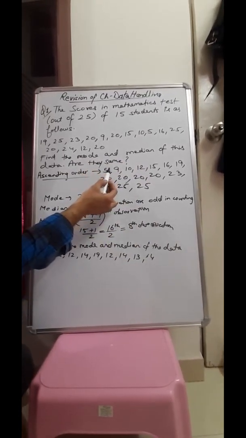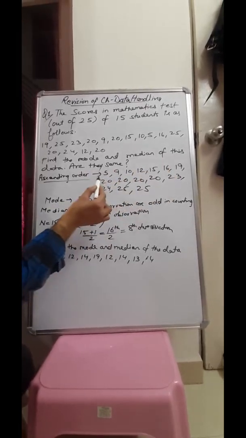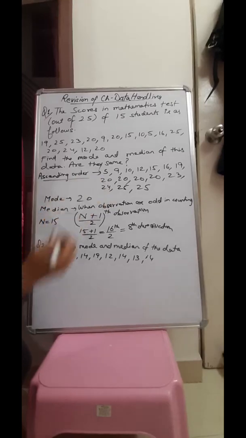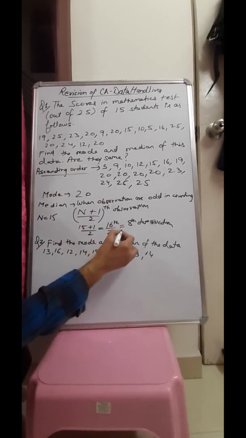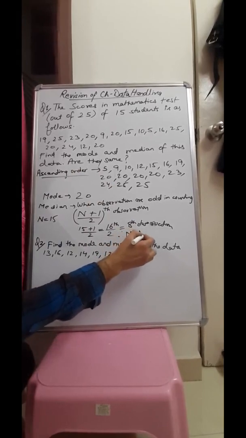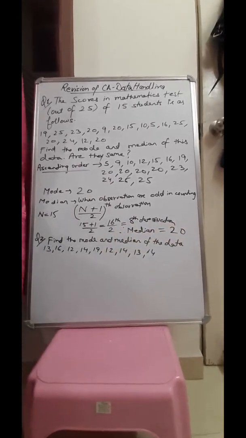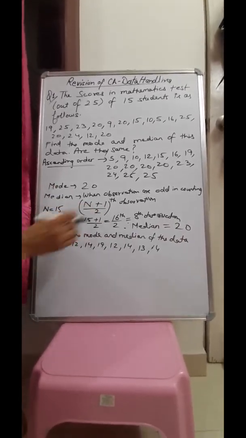So count the places: 1, 2, 3, 4, 5, 6, 7, 8. Which number is coming at 8th place? Therefore the 8th place is 20. So therefore the median will be 20. In this way we can find out a median.